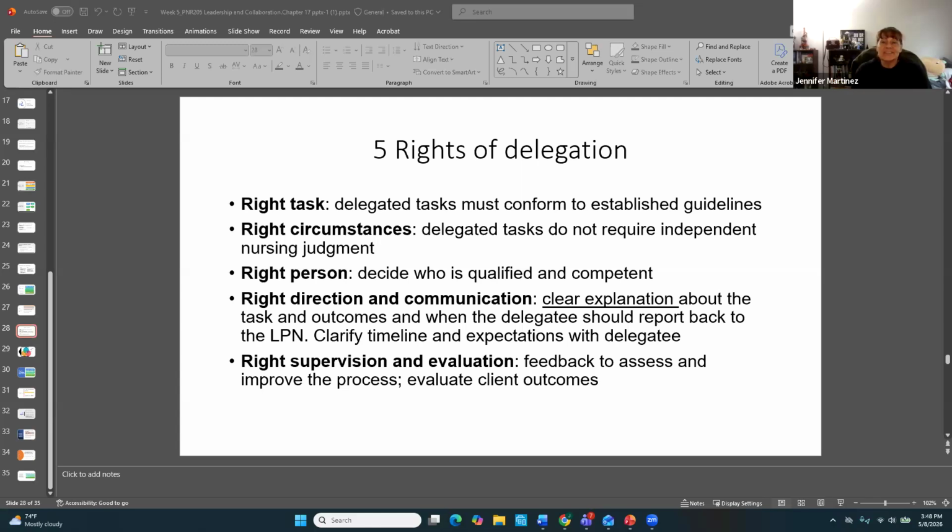You don't want to just tell the nursing assistant what to do; a discussion is more effective. Tell them exactly what must be done, give them a timeline and expectations, and what information you need them to bring back to you.